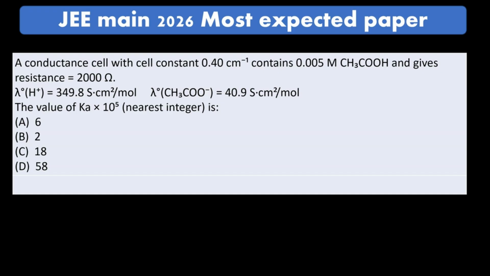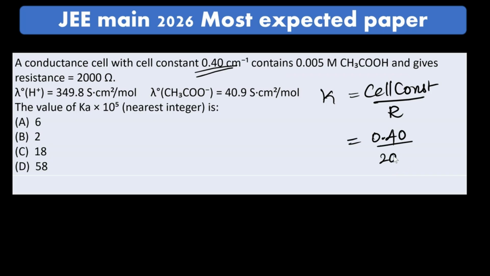First of all, what you can do, the cell constant value is given. You can find the conductivity kappa. So kappa is equal to cell constant by R, resistance, right? So cell constant, that is 0.40 by resistance, that is 2000, which will give you 2 into 10 to the power minus 4.